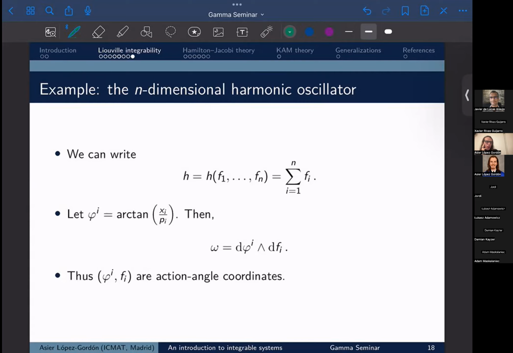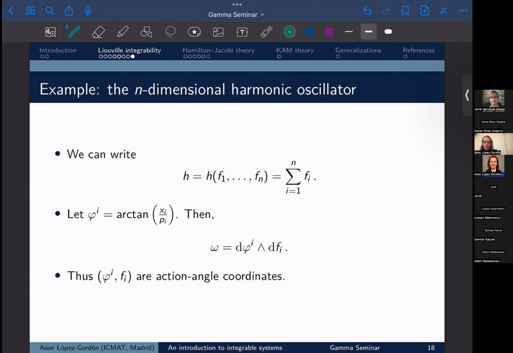The main domain of definition of the arctangent is between minus pi half and pi half, but you can always add some constant k pi. You can change the domain of definition of the arctangent. So doing so, you can define that globally. It's a technical detail, but sometimes it's important. Yeah, you're right. Okay, thank you.